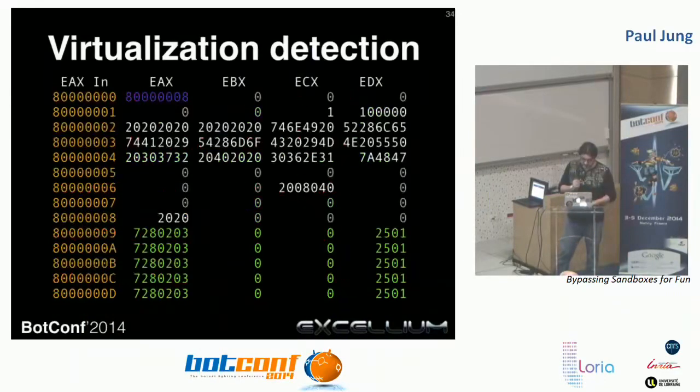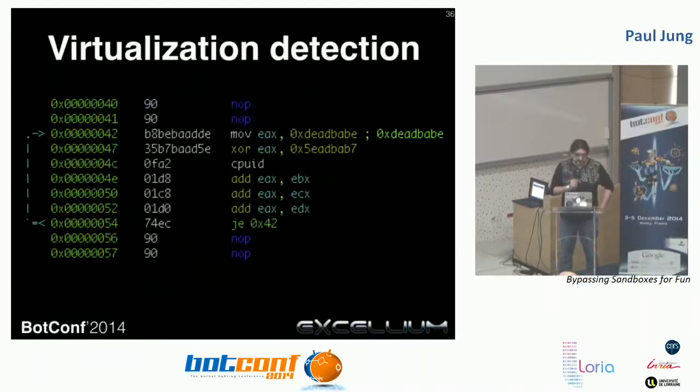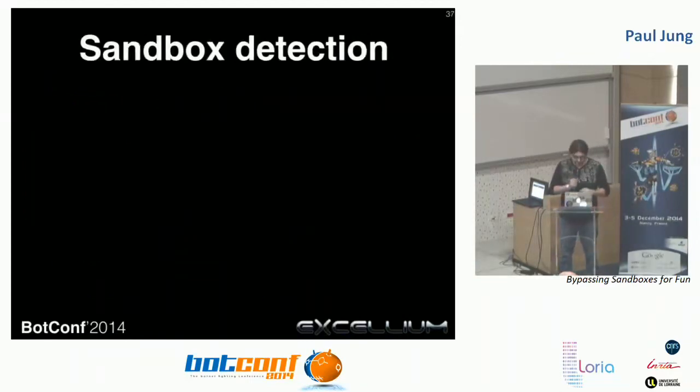And on some VirtualBox, it's clean. It's a good development, but it's not real life. So CPUID is really useful to detect if it's virtualized or not. It's easy to implement, and it works.